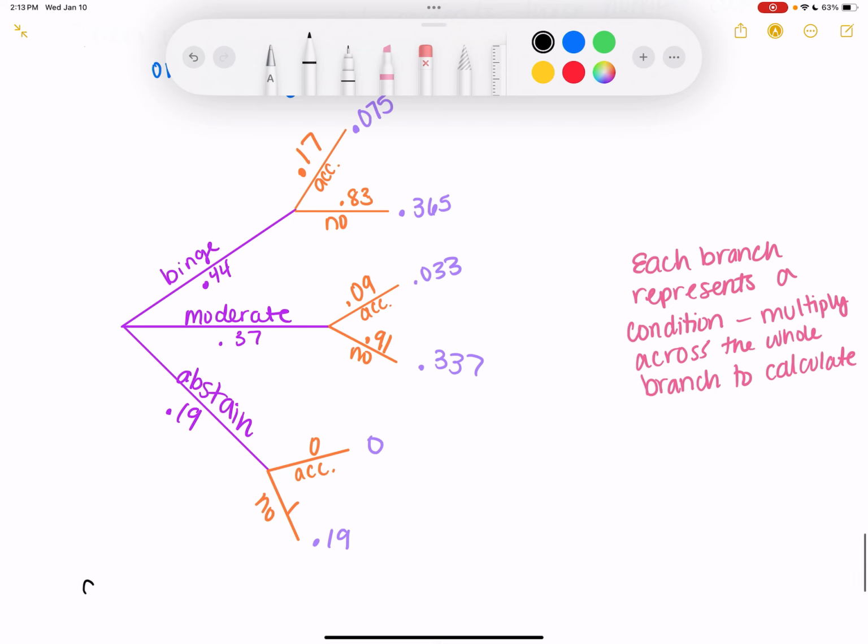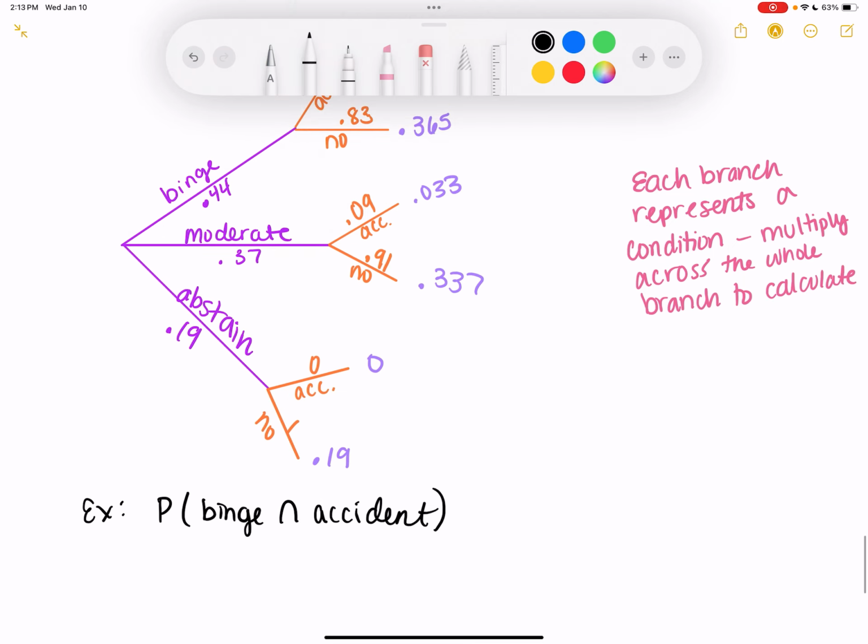Alright, so then some questions we can answer from this. What is the probability that they're a binge drinker and they get in an accident? Point oh seven five. Now, I'm going to write this in the form that we got the day before.